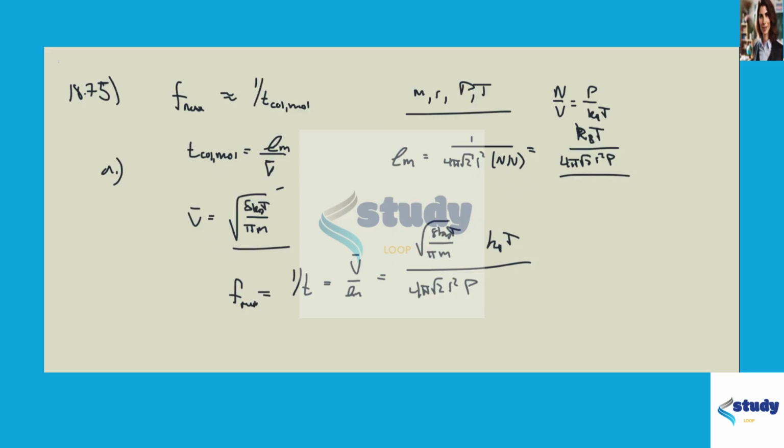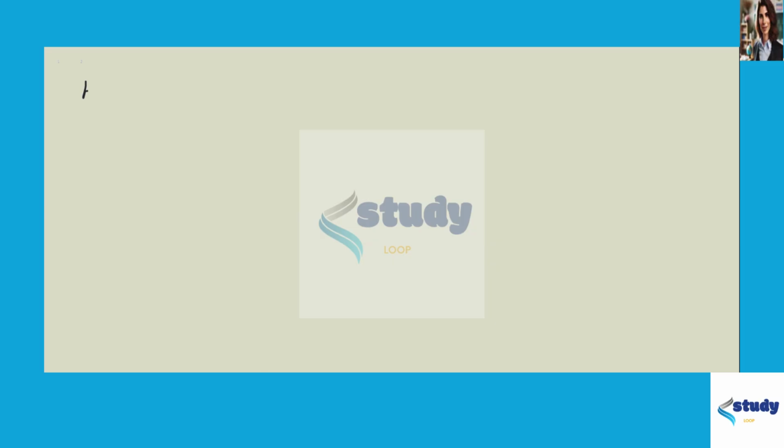So now it's just simplifying things and combining like terms here. And this comes out to being 16 P r squared root pi over m kBT. And that should be exactly what we were trying to show, and it is. Awesome. Let's move on to part B next.